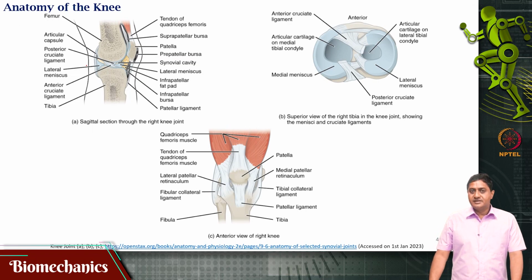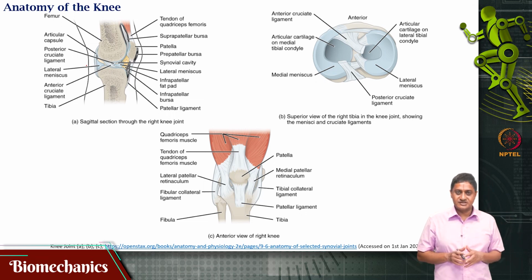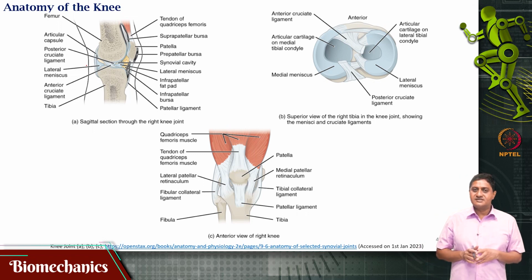The knee joint is the largest joint in the human body, in the sense that the size of the joint is large, and it is composed of 3 articulations. Although there are only 3 bones that are involved, that is the femur, which is the more proximal bone, or the thigh bone.